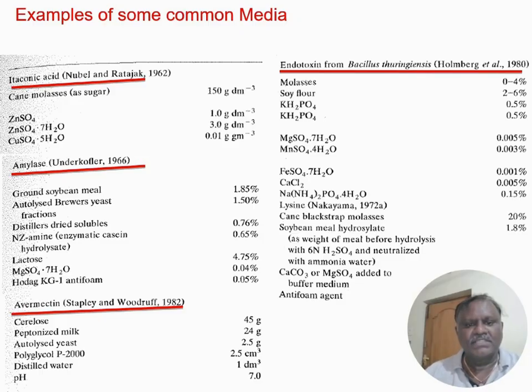They use molasses, soya flour, different hydrogen phosphates and magnesium sulfate, and then ferrous sulfate, calcium chloride. All these are important, along with anti-foam agents. So this is a perfect recipe for endotoxin production from Bacillus thuringiensis.